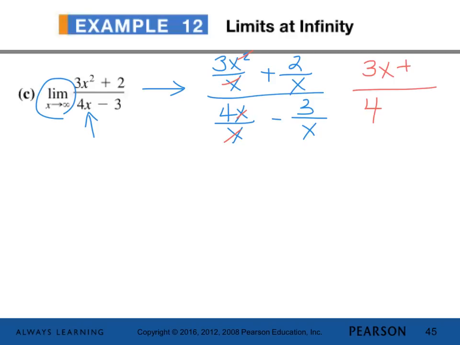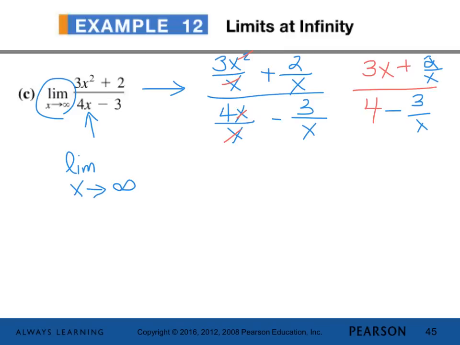And 2 over x is going to stay 2 over x, and 3 over x is going to stay 3 over x. And so when we take the limit as x approaches infinity of each one of those, here's what happens.